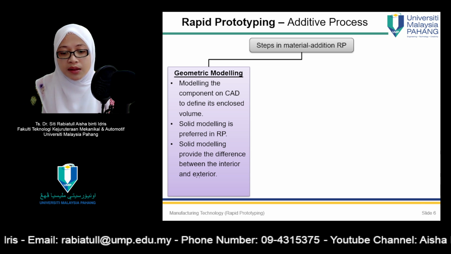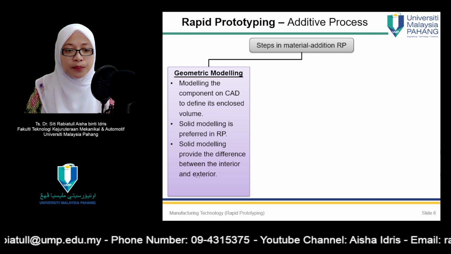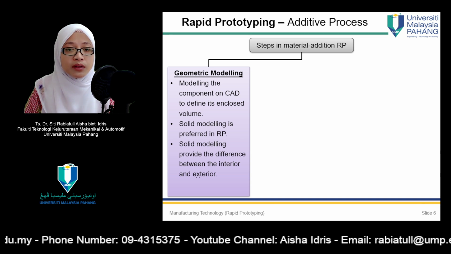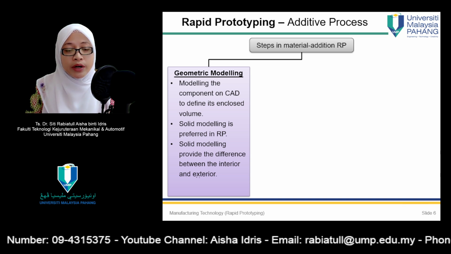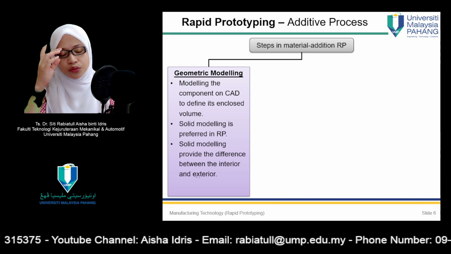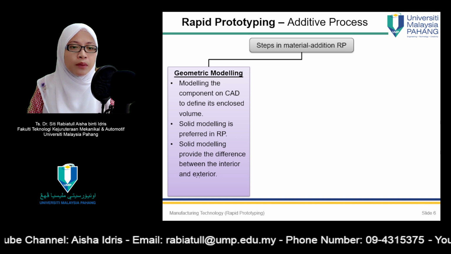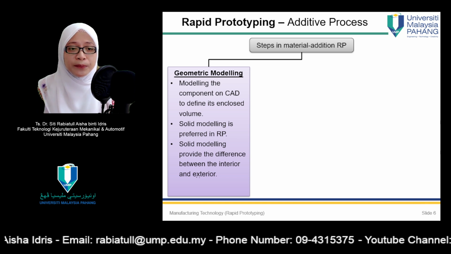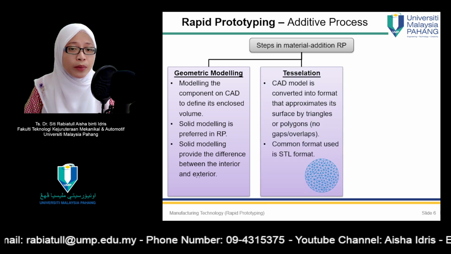Solid modeling is the preferred technique because it provides a complete and unambiguous mathematical representation of the geometry. For rapid prototyping, the important issue is to distinguish the interior of the part from its exterior, and solid modeling provides for this distinction.